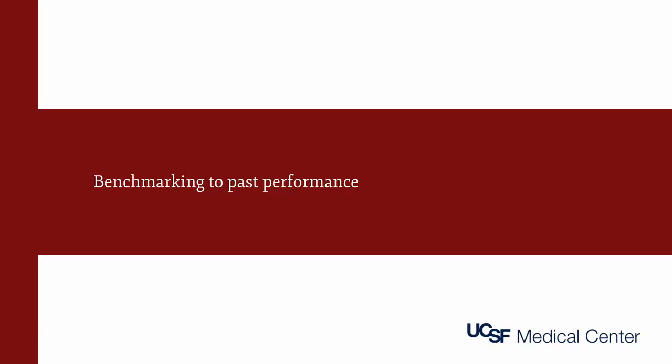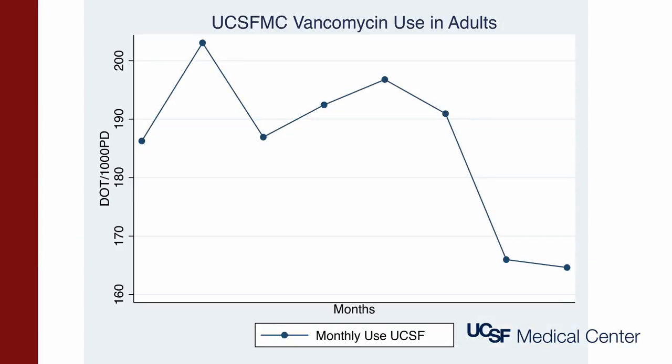Okay, so first let's talk about how to use your institution's own data to provide context for your antimicrobial stewardship. A particular emphasis are the common mistakes that can be made when analyzing this data longitudinally, mistakes that can lead to substantially overstating the effects of your program or wasting your efforts on problems that are just random variability. On first glance, this graph appears to be an example of stewardship metrics demonstrating the success of an antimicrobial stewardship program.